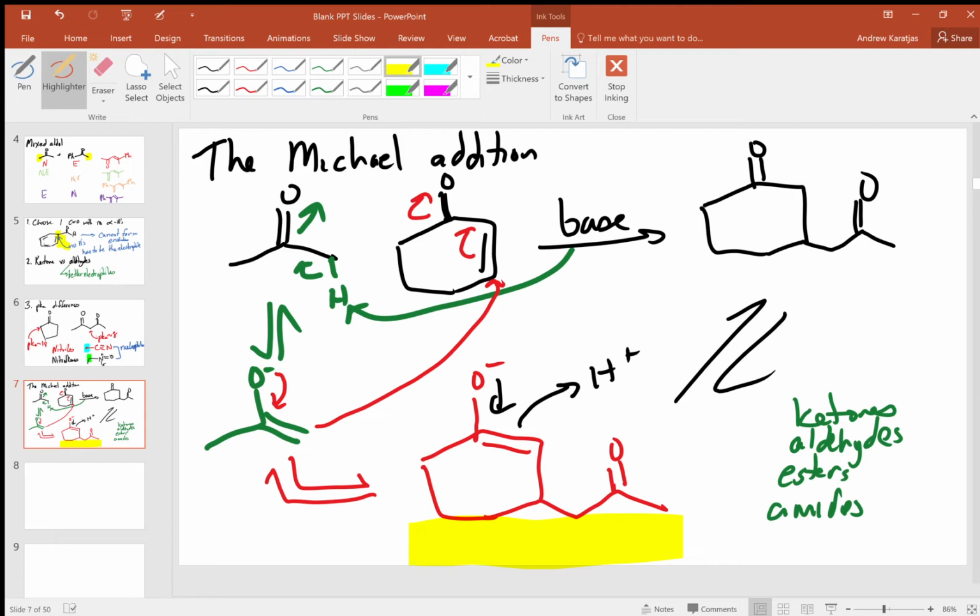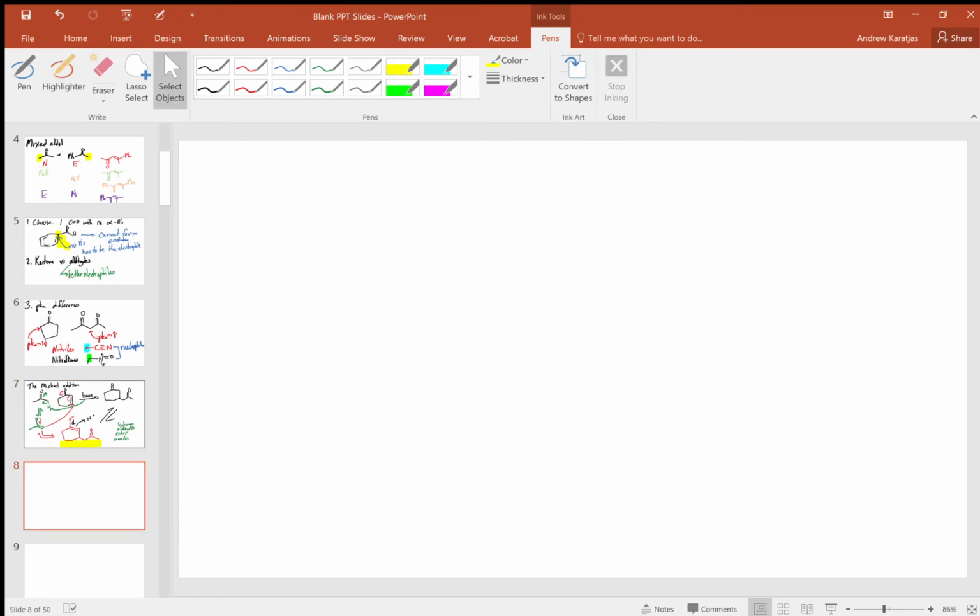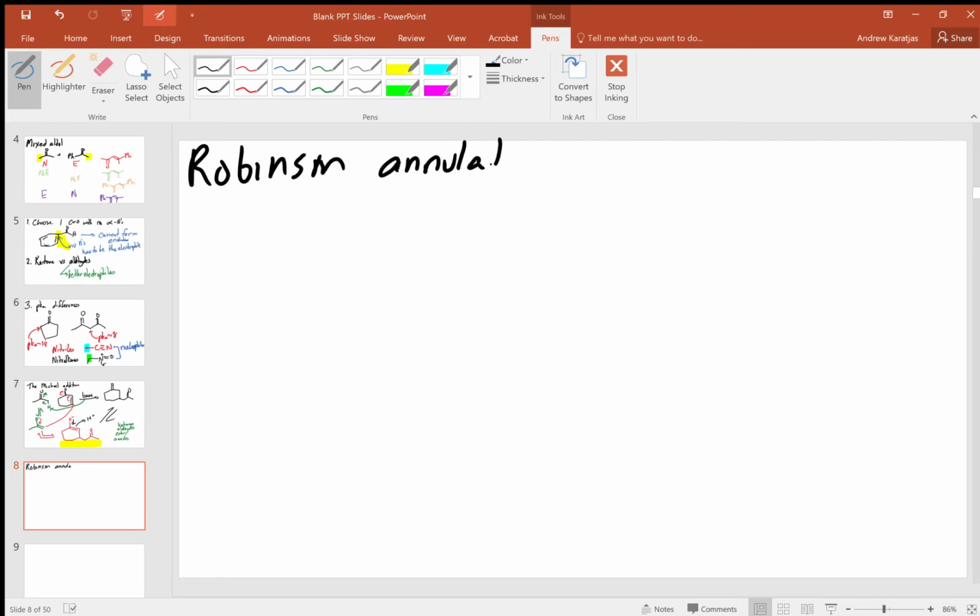And so under the right conditions, we can use that. And in fact, it is used in a reaction known as the Robinson annulation. And for discovery of this reaction, Robinson won the 1947 Nobel Prize in Chemistry.